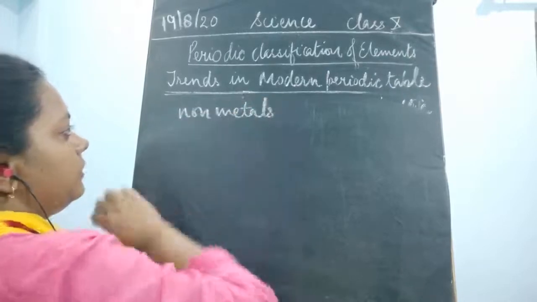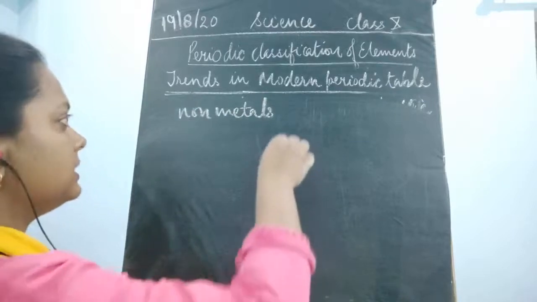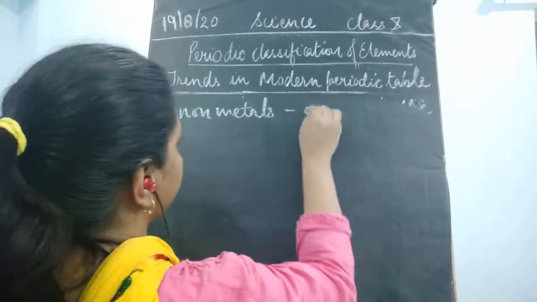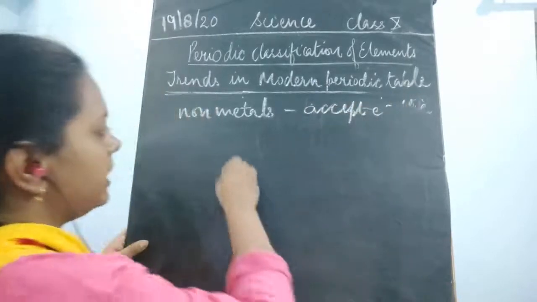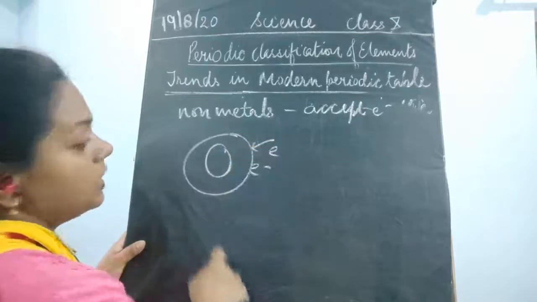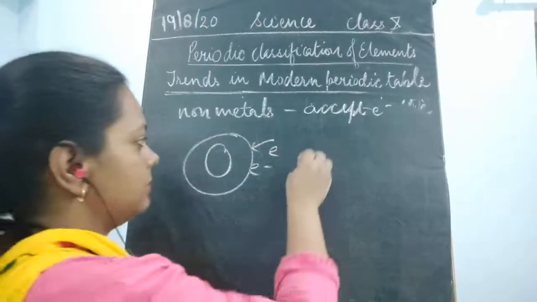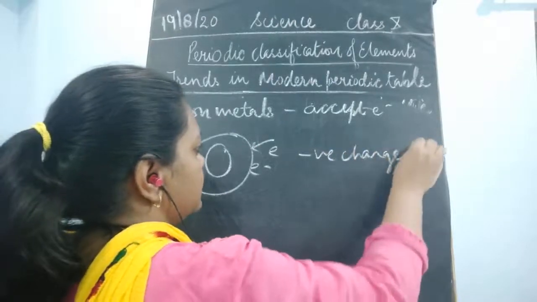Now why is it called a non-metal? It is very simple: it is known as a non-metal because it has a tendency to accept electrons. Now when one atom accepts more and more electrons, the negative charge is going to increase automatically. Why?